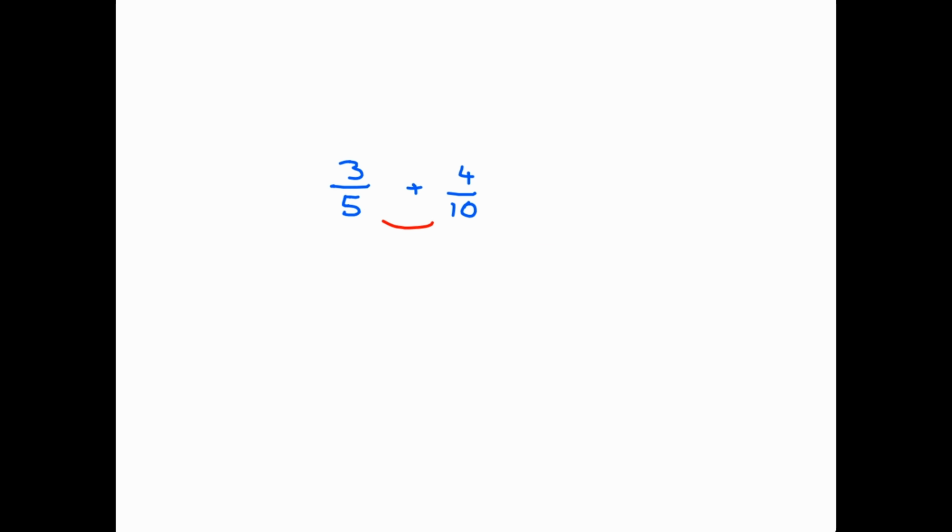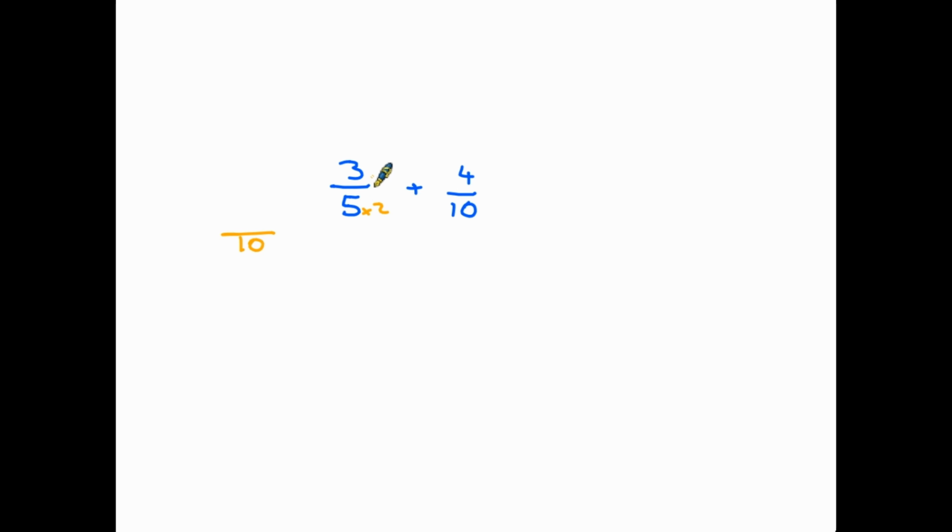Instead of multiplying the two bottom numbers together, we can, if we're fortunate, realize that the number 10 itself is in the 10 times table, and it's also in the 5 times table. So actually, all we have to do here is take the 5 and multiply it by 2, because 5 times 2 is 10.